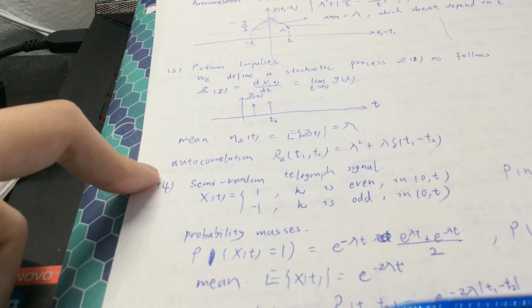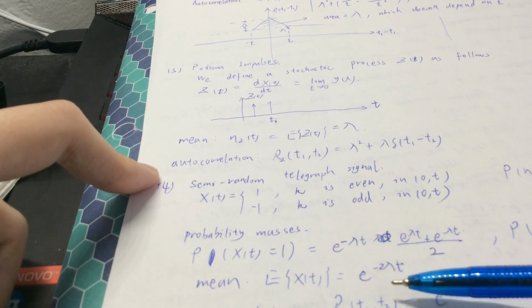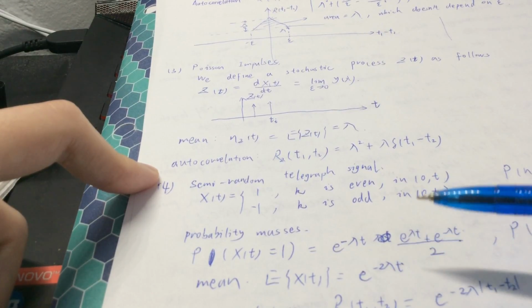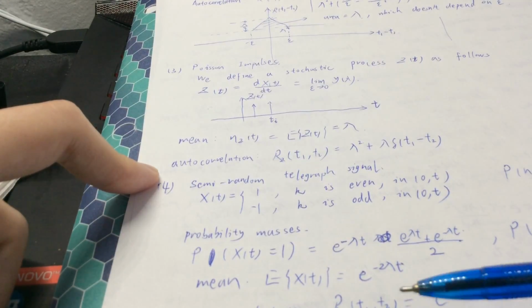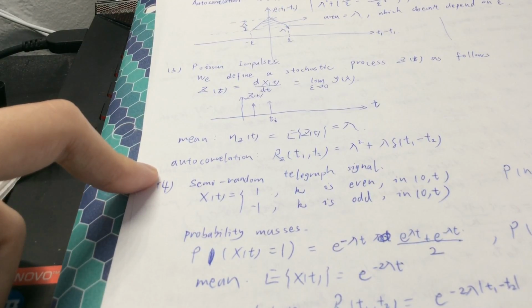And the expected value is equal to the exponential to the power of minus 2 times lambda times t. And the autocorrelation is equal to the exponential to the power of minus 2 times lambda times the absolute value of t1 minus t2.